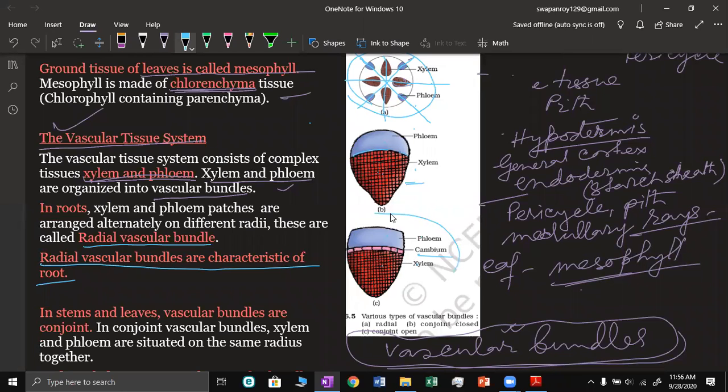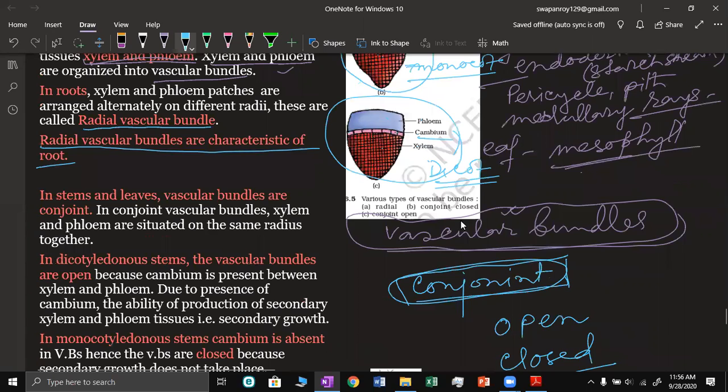This type of vascular bundle is found in dicot and gymnosperm, and this one is found in monocot stem. This one is in dicot stem.